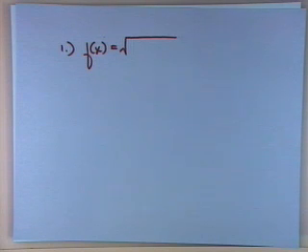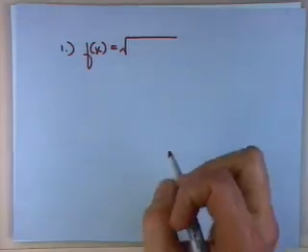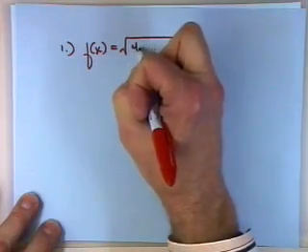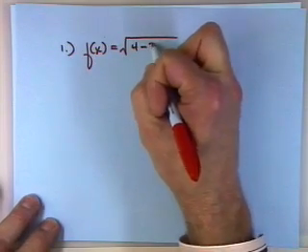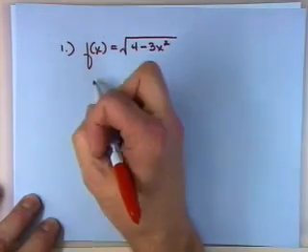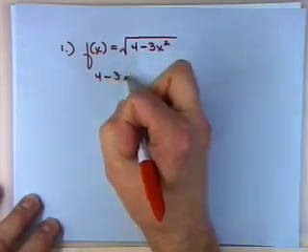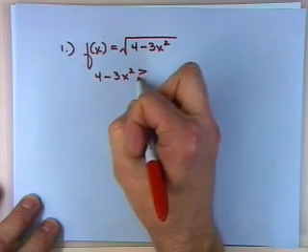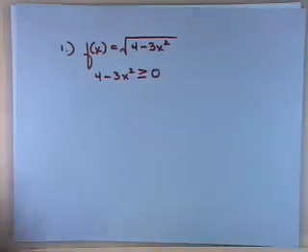Okay, it's okay to have 0. The square root of 0 is 0, but we can't have negatives, not if we're going to deal with real values. So before I even write it down, I'm thinking whatever it is that I write down has got to be greater than or equal to 0, right? Everybody all right with that?